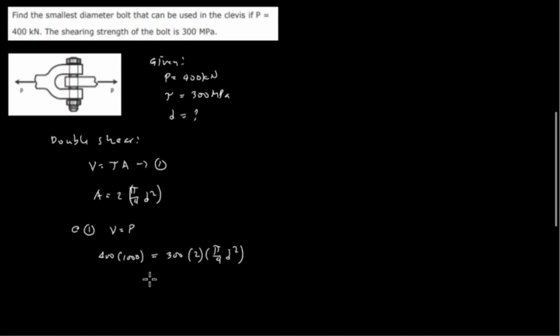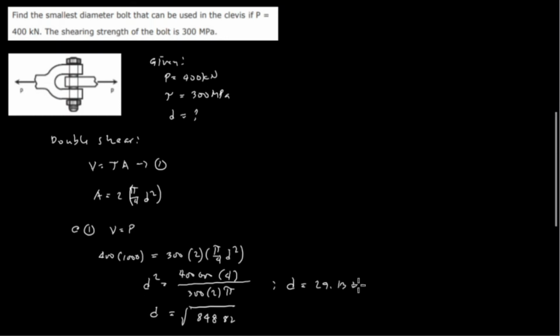squared, and d squared is equal to 400,000 times 4 divided by 300 times 2 times pi, and d is equal to the square root of 848.82, or d is equal to 29.13 millimeter.